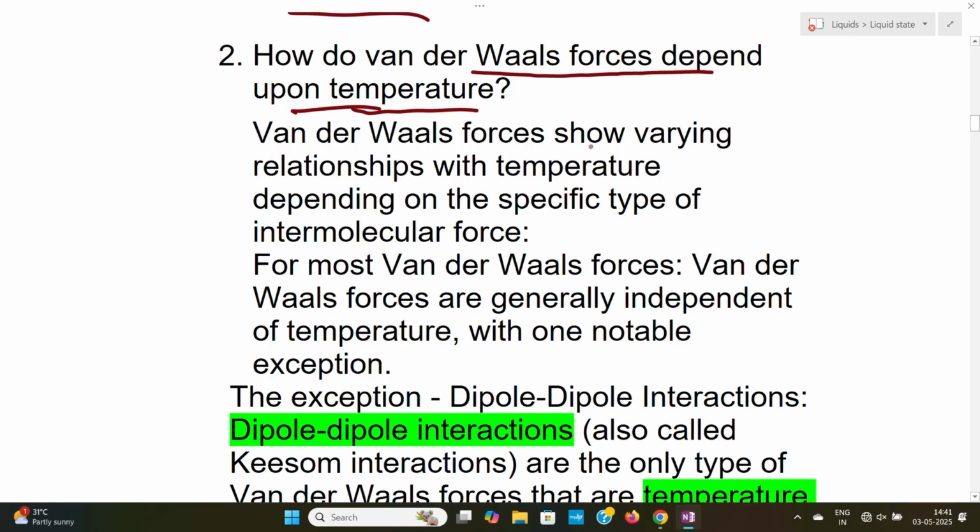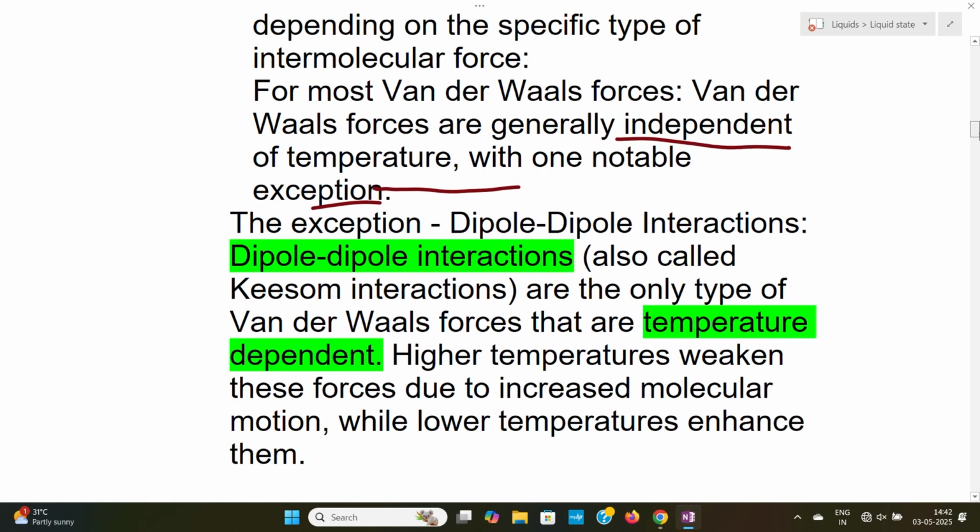Van der Waals forces show varying relationships with temperature depending on the specific type of intermolecular force. For most van der Waals forces, they are independent of temperature. The exception is dipole-dipole interaction.